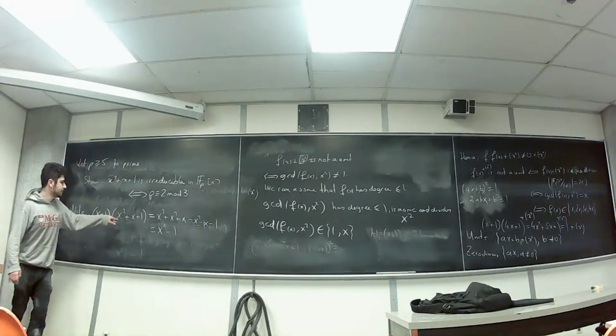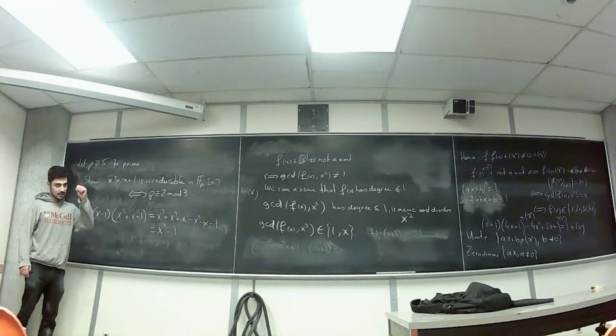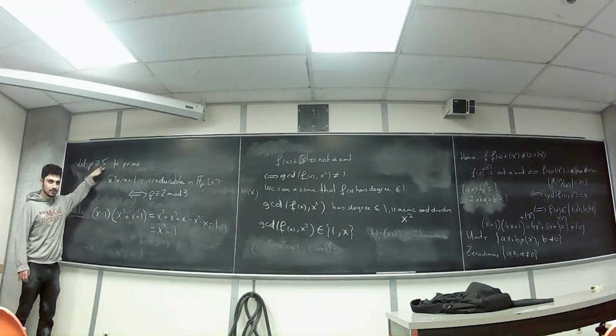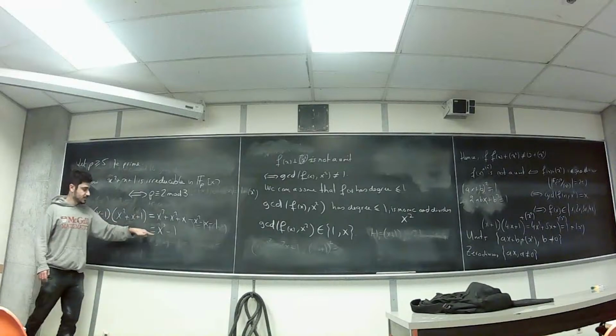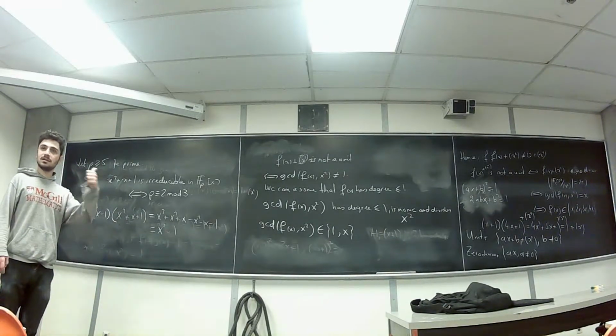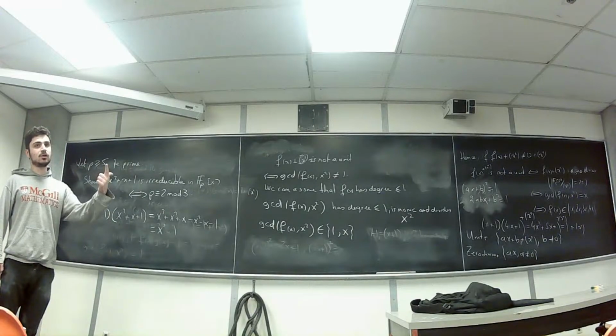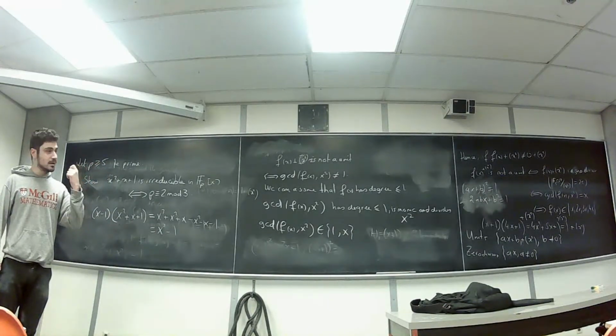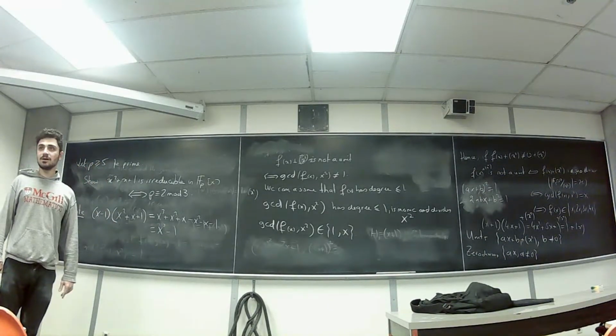If a is a root of a squared plus a plus 1, then a is different than 1, right? Because p is bigger or equal to 5. And a will satisfy a cubed minus 1 is equal to 0. So if a is different than 1 and a cubed is equal to 1, then a must have order 3 in FP star.